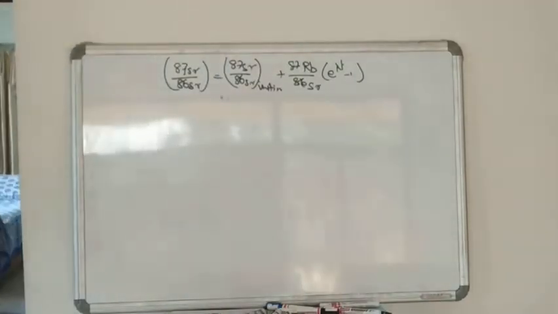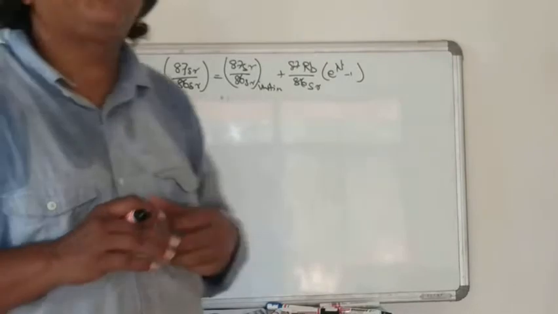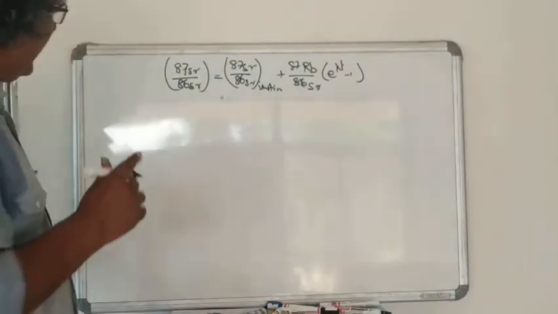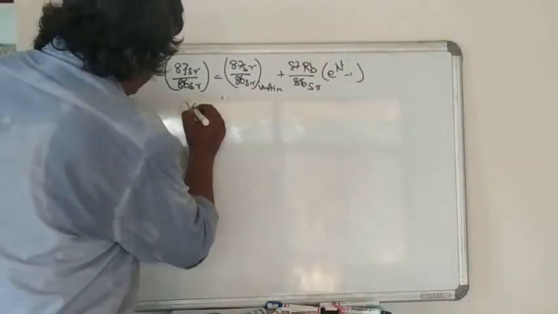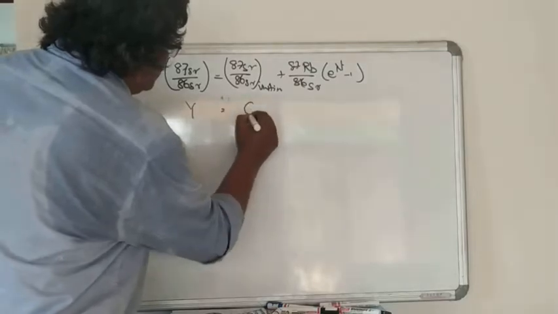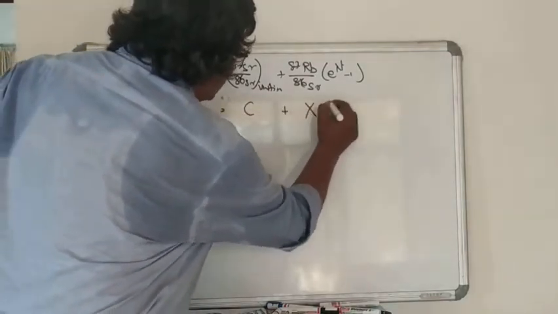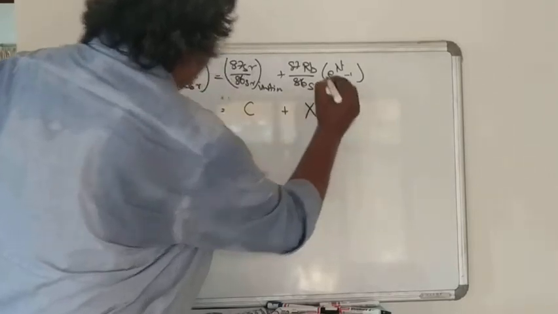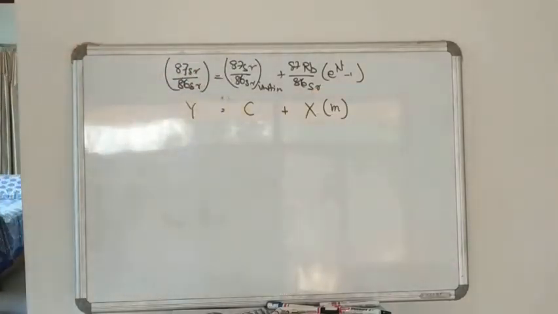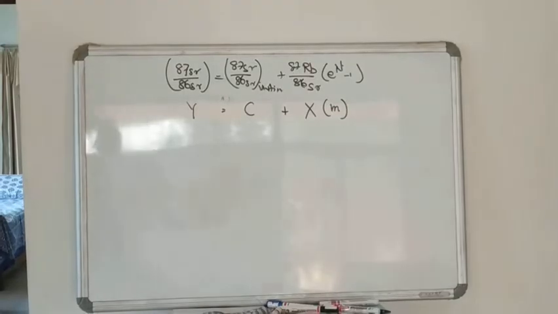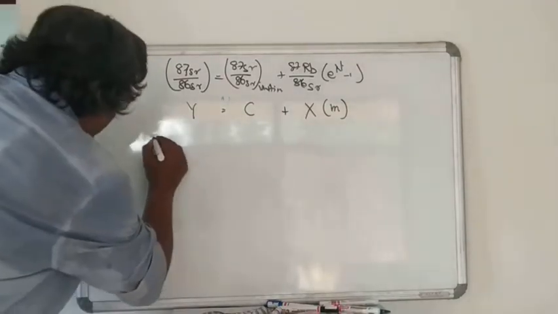Now there are certain important things. This is an equation of a straight line, where y is equal to c plus mx: this is y, this is x, and this is m. This is the equation of a straight line. Let me show you.